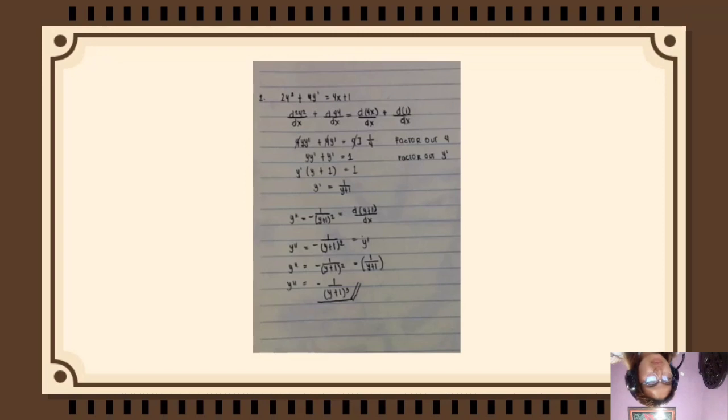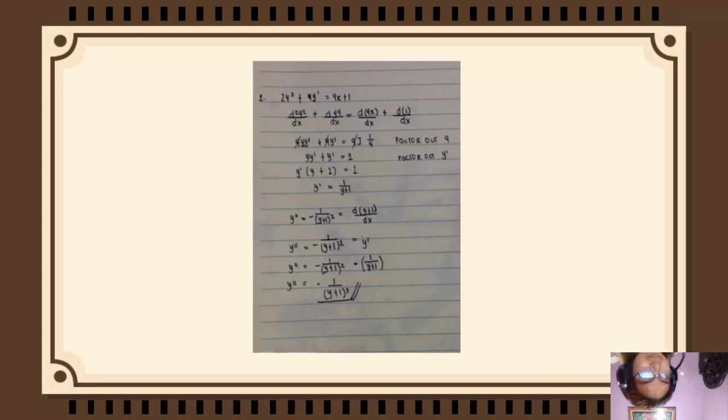Okay? So, magiging 4y y prime plus 4y prime is equal to 4. Kasi yung constant 1, hindi na natin siya sinama kasi di ba ang constant pag dinerive natin 0.